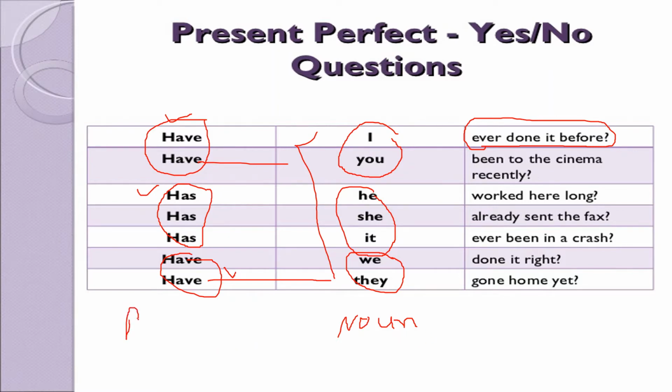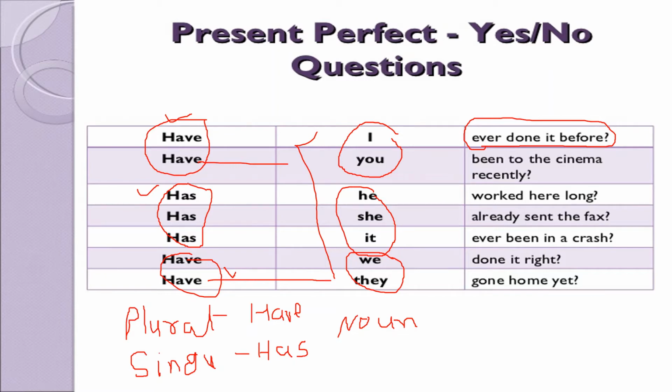We need to use have with plural nouns and I, we, you, they, and we need to use has with a singular noun and he, she, it, right? I hope you have understood this thing.